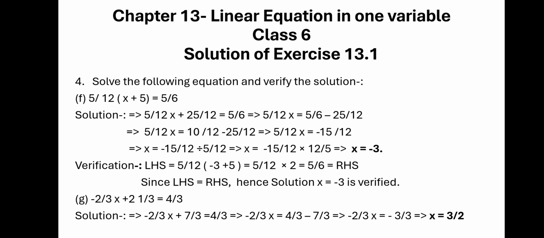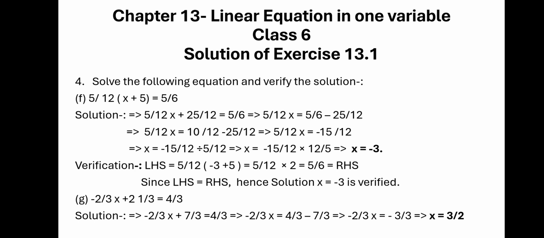So negative 2 upon 3x equal to negative 3 upon 3, and therefore since both the sides are negative and 3 is in the denominator on the left hand side as well as in the right hand side, so it will be negative 2x equal to negative 3.